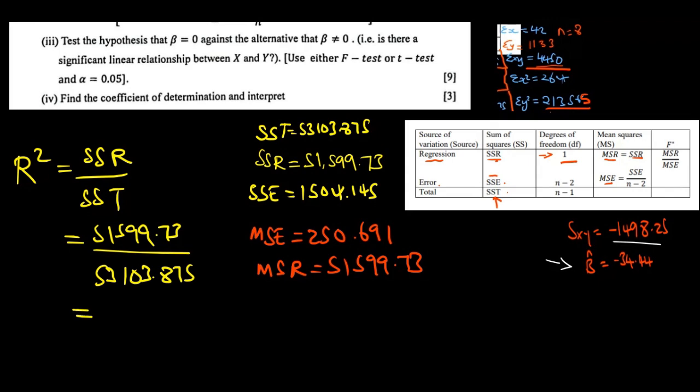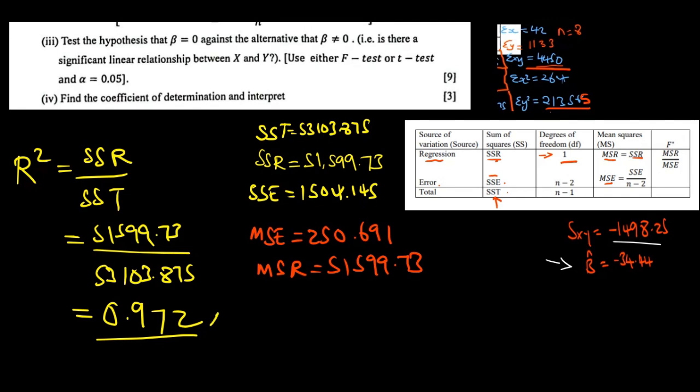So let's divide those. When I divide those, I'm getting 0.97. I can just round it off like this.